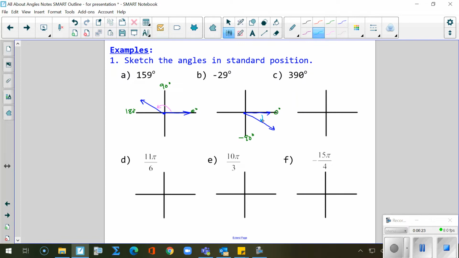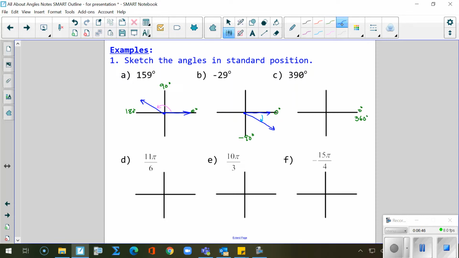We're also going to learn in trigonometry that we have angles that are bigger than 360 degrees, and that's just because they rotate around the origin more than once, kind of like the hands on a clock. All the way around is 360 degrees.